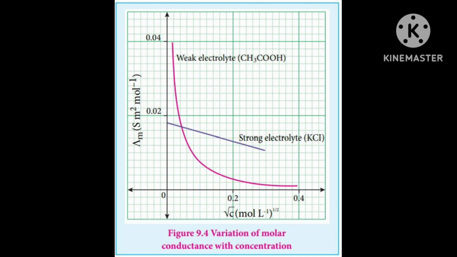Rho value you have calculated, then 1 upon rho value is 1 upon 87.135, and after solving you will get 0.01148 Siemens per centimeter. Okay, conductivity now you got.